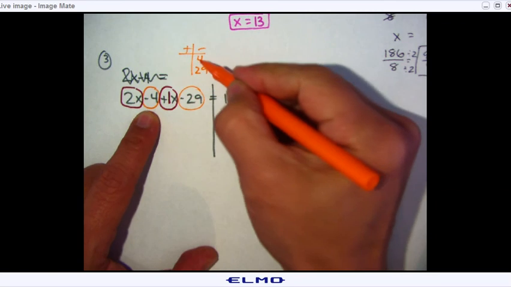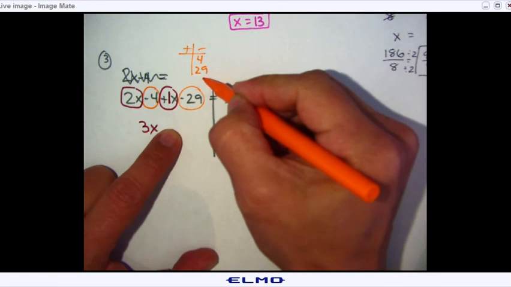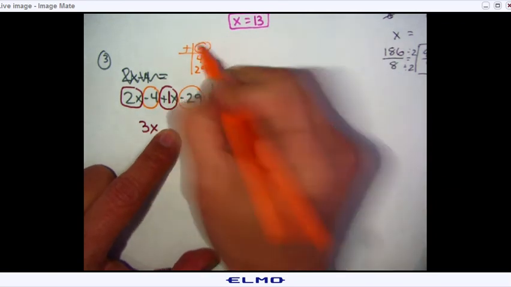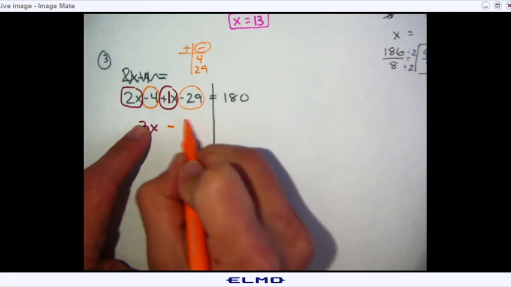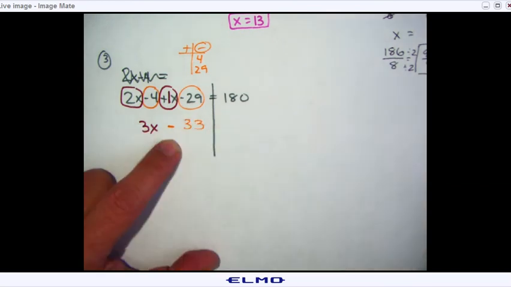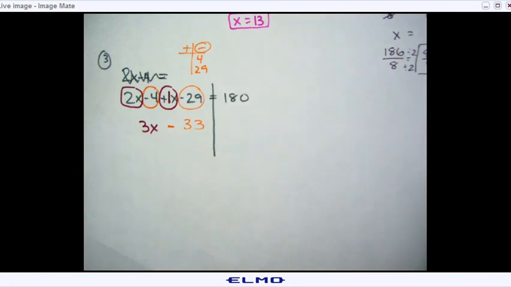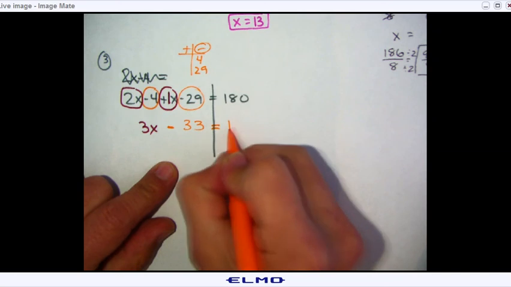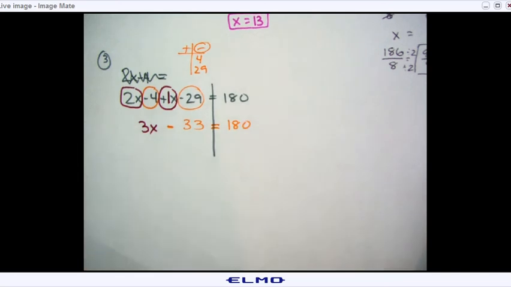They scored 4 points, and they scored 29 points. So the negative team is winning by what? 33. Right? Because what did we do? We added them. There's no more 'if their signs are the same, add them and use the sign.' That's too many words. This is a lot easier. Equals 180.